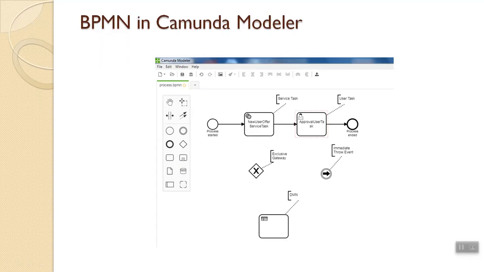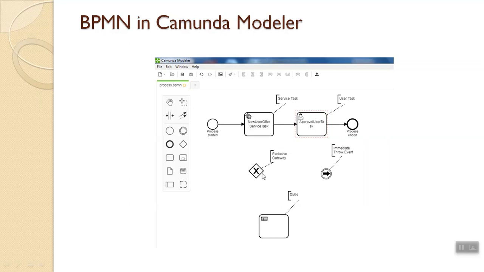So you can just look here. It's a modeler, Camunda Modeler. Modeler is nothing but a simple application which runs on the desktop, and you can open that. It will provide you a list of options. You can see here, like start, then service task, then the previous one. And apart from that I have added a few more things, like this is the OR.